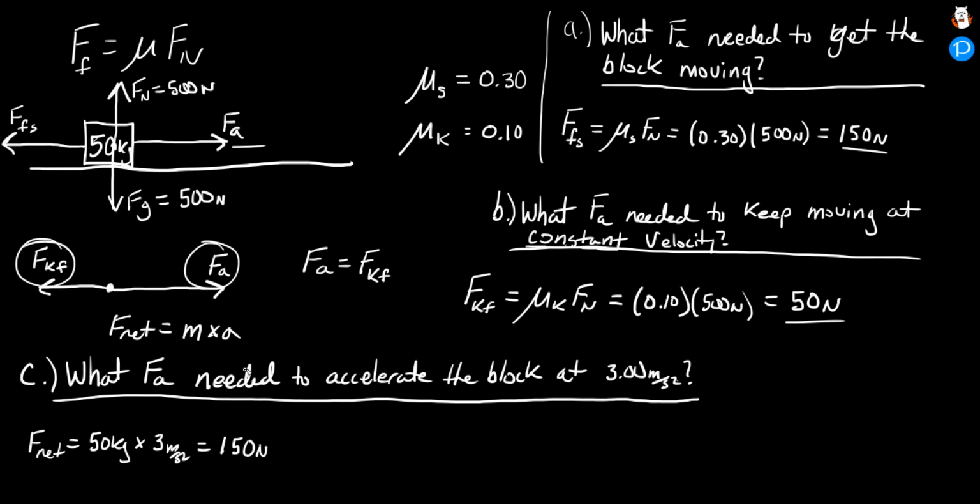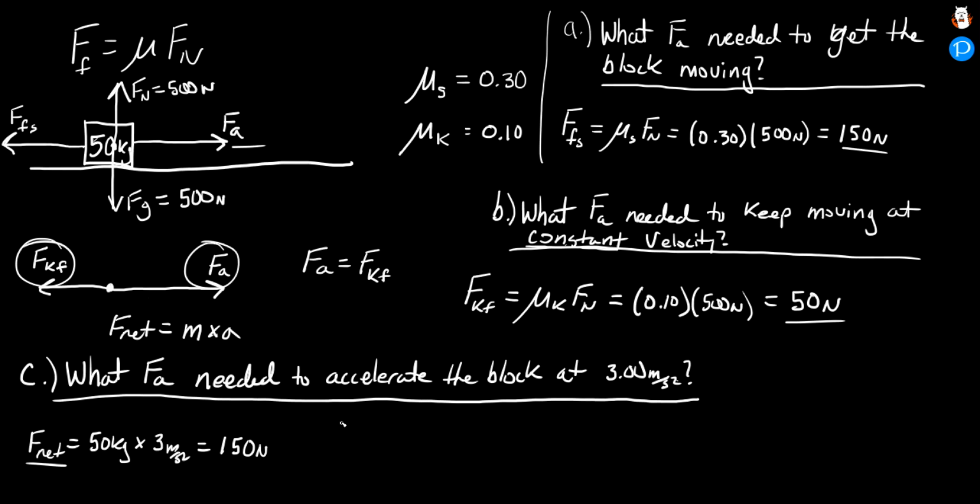Now, be careful. That's not your final answer. It's not just that I need to apply 150 newtons, because that 150 newtons is the net. That's the total, basically, after these forces are added together, and what we're left over with is the net force.